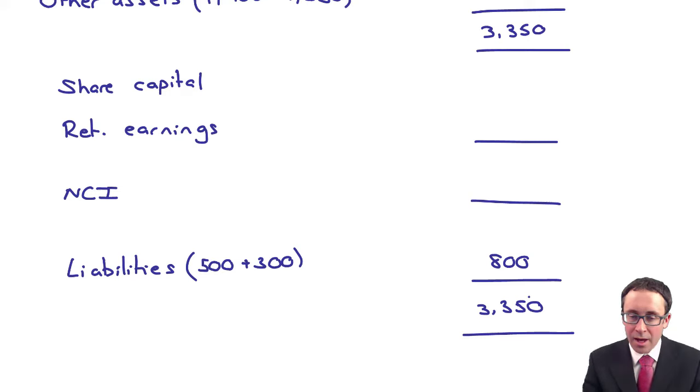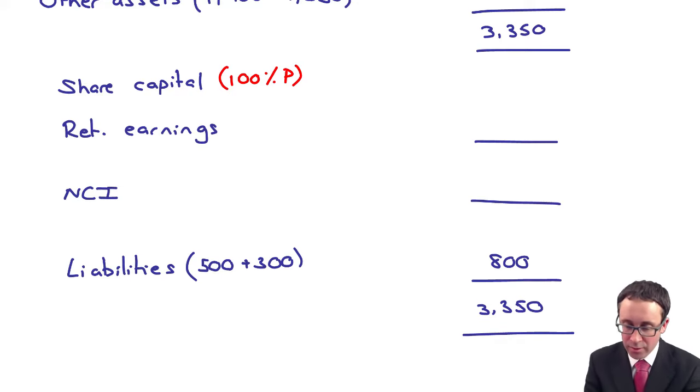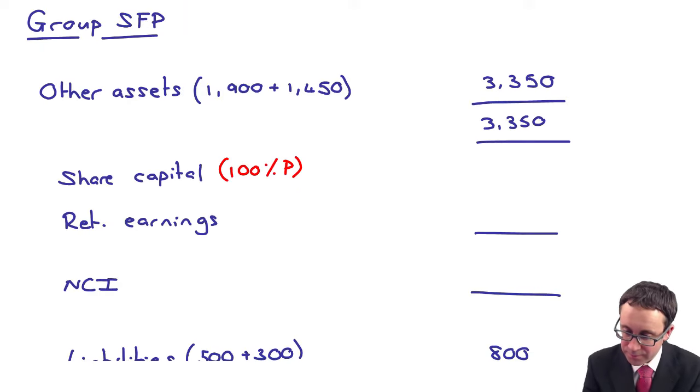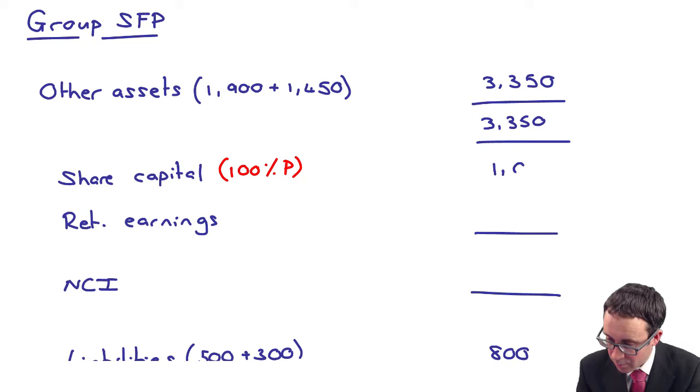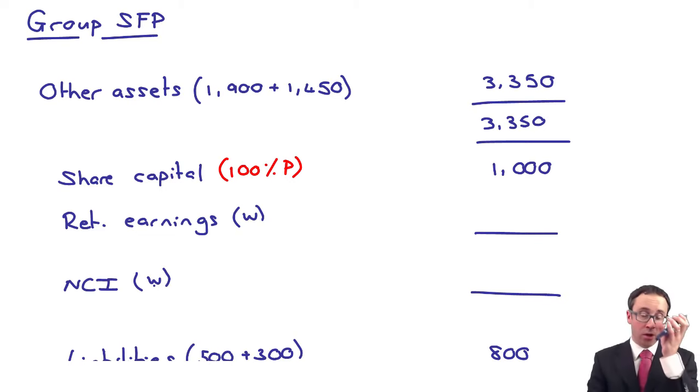Okay. Share capital, remember, that's always 100% of the parent. So here 100% of the parent is there as 1,000. And then what I'm going to do is I'm going to do separate workings for the retained earnings and the non-controlling interest. Okay.